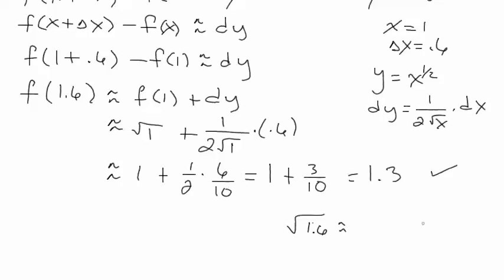But if we actually did the square root of 1.6 and plugged that into a calculator and looked at the decimal representation, there is an exact value actually. We end up with 1.2649, let's say. We'll go out that far.